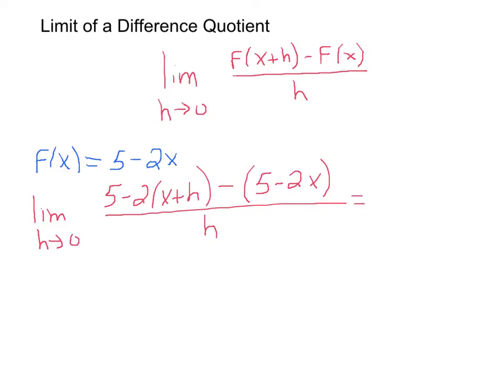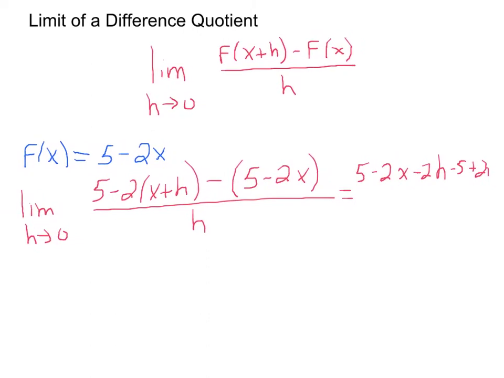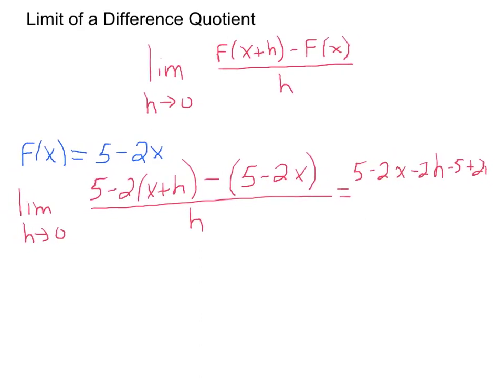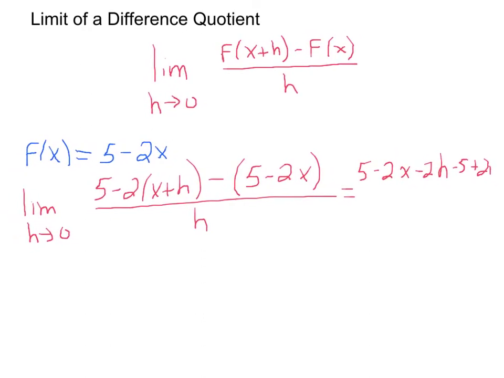Okay. So when we start to simplify, we'll have 5 minus 2x minus 2h minus 5 plus 2x, divided by h.